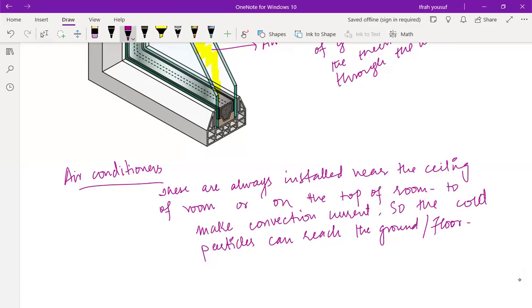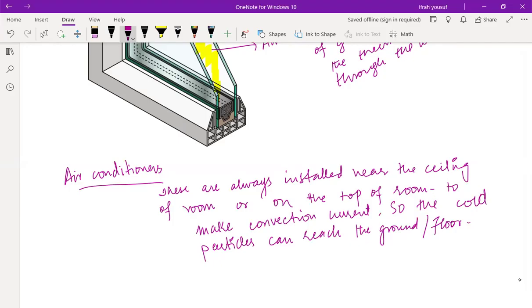Cold particles are denser and the warm air is less dense, so they rise. So this is how the circulation of the cold particles and the hot particles is possible.